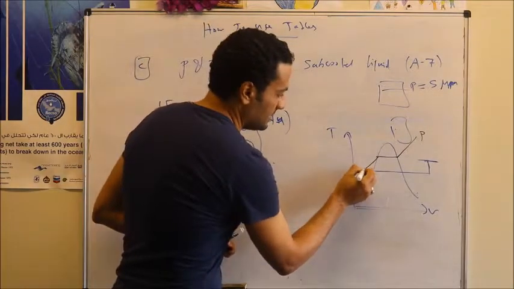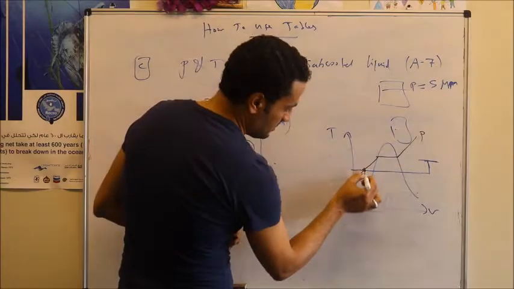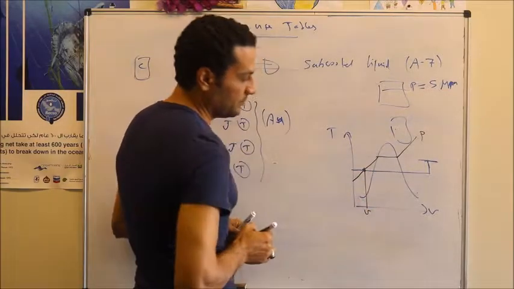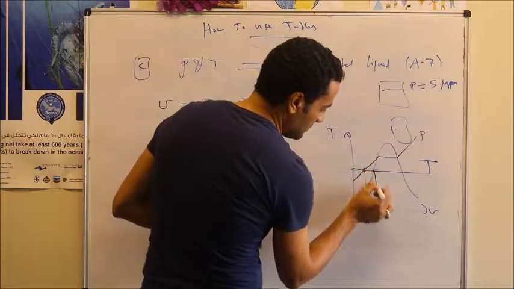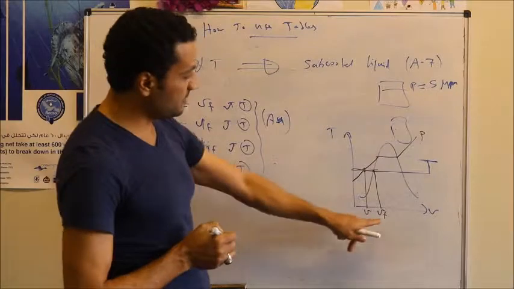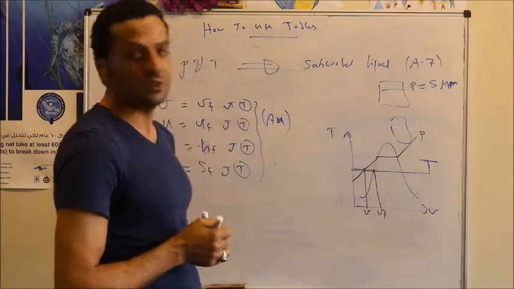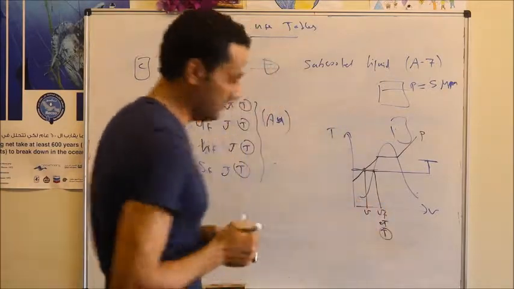And this is our state, subcooled. So the actual volume at this point should be this value. If I go to table A4 with this temperature, I will get v, which equals v_f. This is the value that we'll be getting from table A4, v_f at a given temperature.